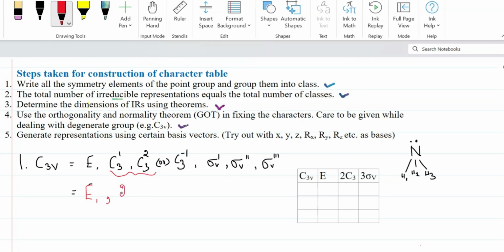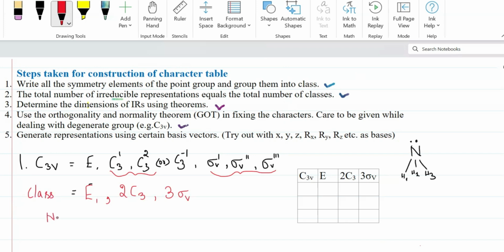So it could be written as 2C3, and these three are again grouped, and that is 3 sigma V. So these are the groups which have been classified as classes.